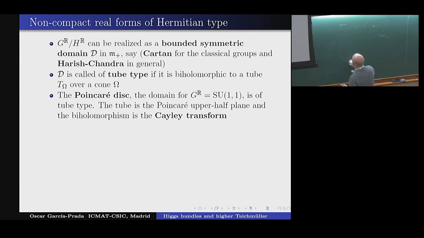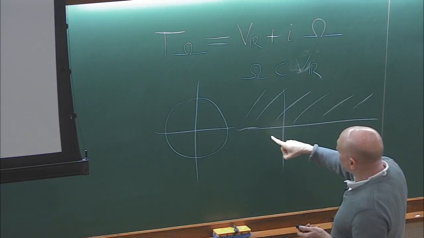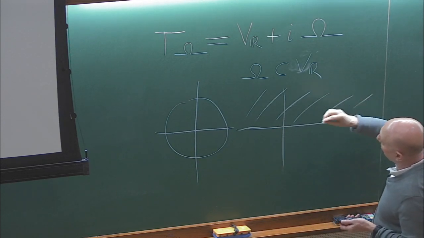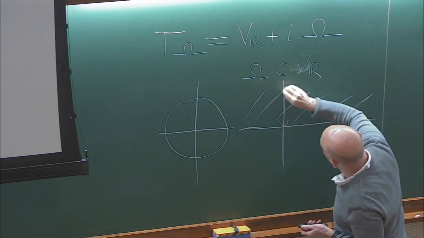So we have the Poincare disk, and then we have the upper half plane. And this is indeed a tube over a cone, where actually the cone is particularly simple. The cone is simply this thing here, right?